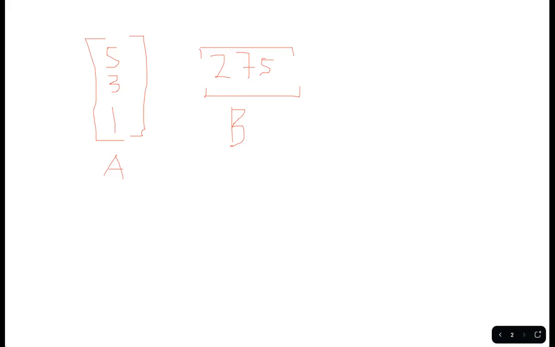First of all, what you always need to do is to check the dimensions: always row times column. We have one column here, and then rows: 1, 2, 3. We have 3 rows here. So here is 3 times 1.